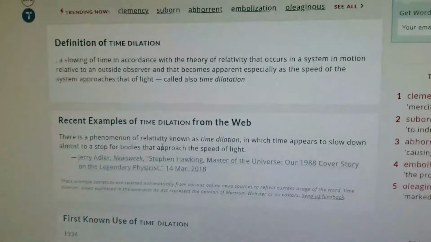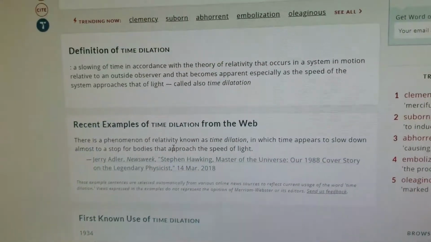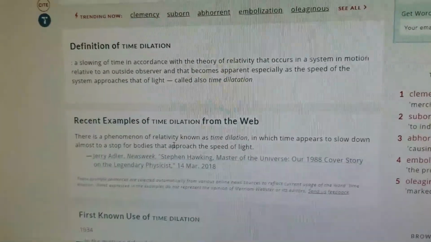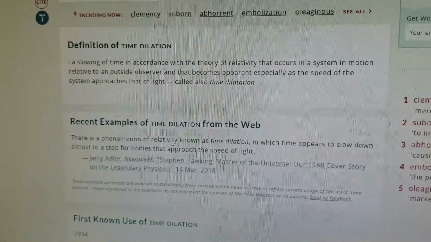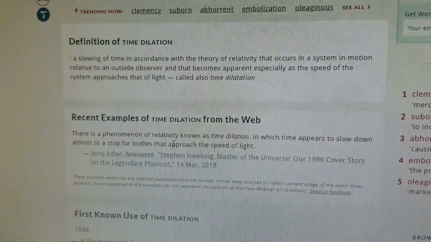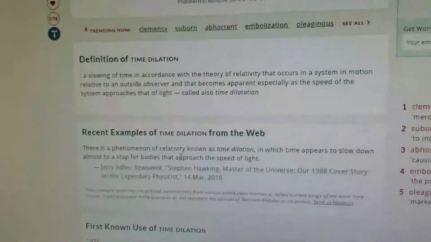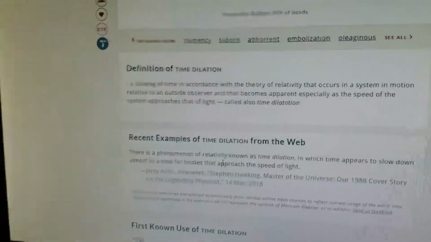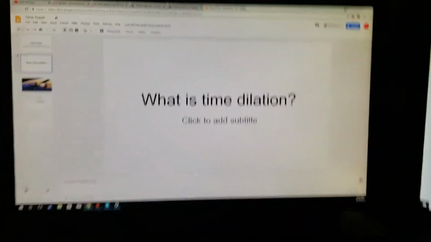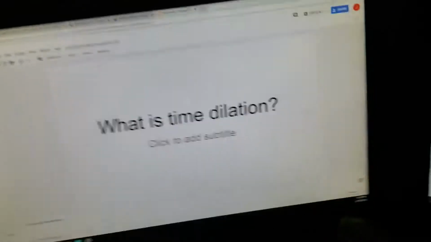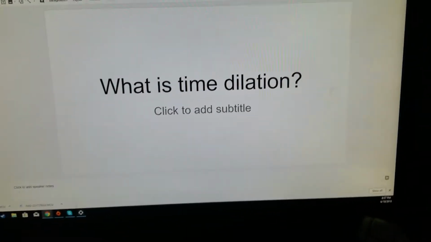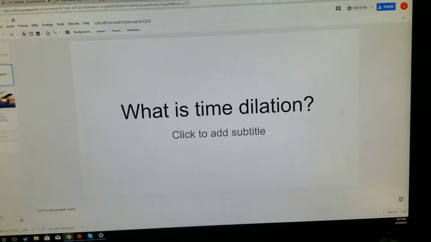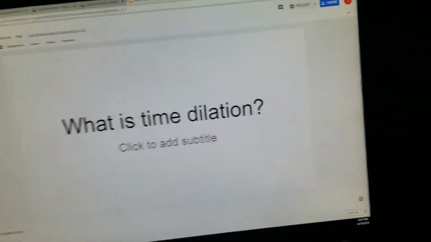The dictionary definition is a slowing of time in accordance with the theory of relativity that occurs in a system in motion relative to an outside observer, and that becomes apparent especially as the speed of the system approaches that of light, also called time dilation. So that means that to different observers, time passes differently when you're going different speeds.